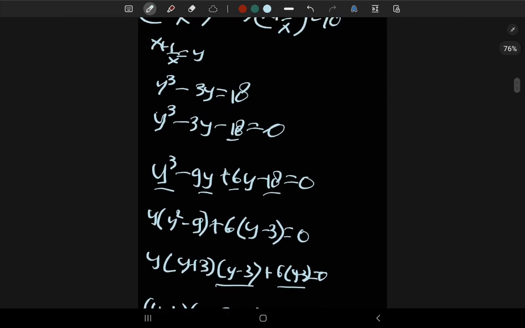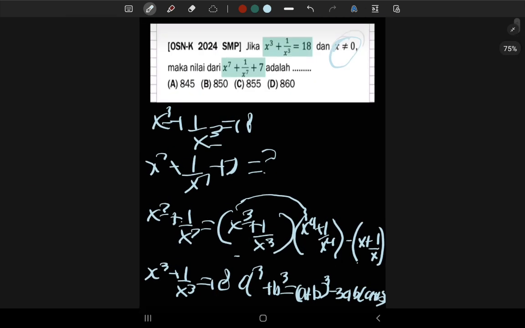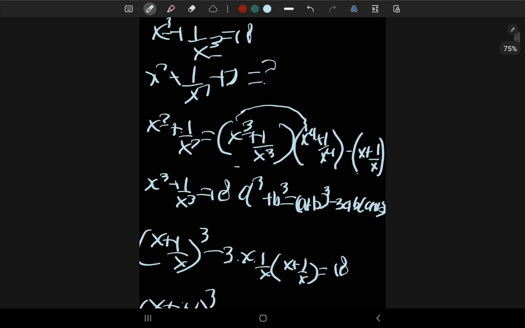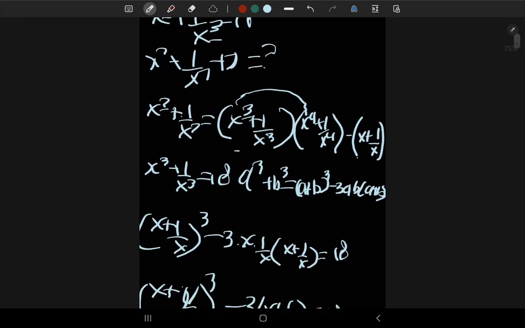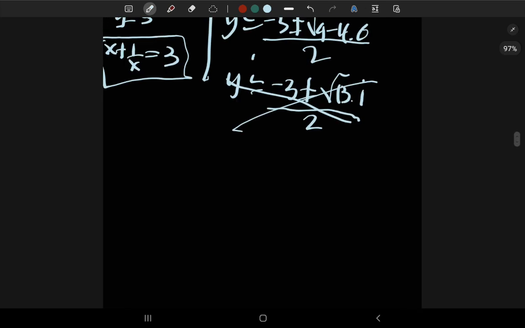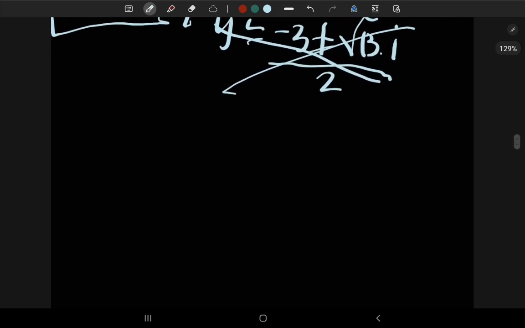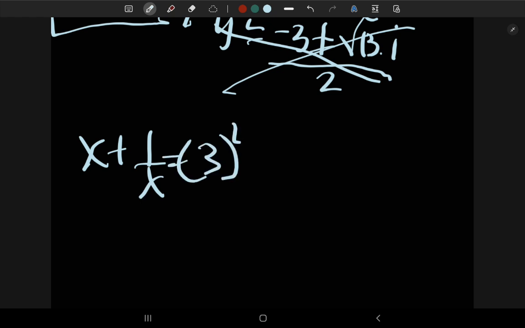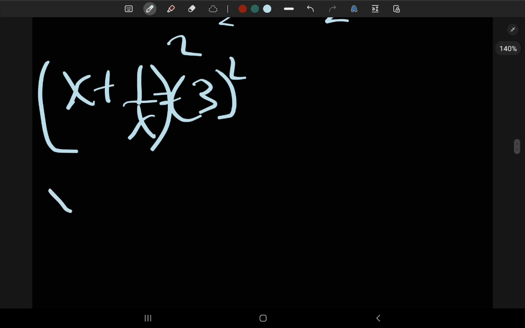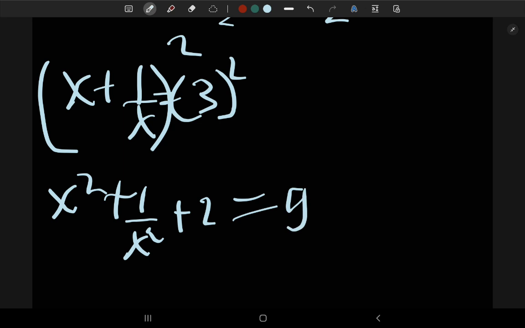Okay, so great. Now what we need to find is x to the 4 plus 1 over x to the 4. So let's write again, x plus 1 over x is equal to 3, and then we square both sides. We get x squared plus 1 over x squared plus 2 is equal to 9.